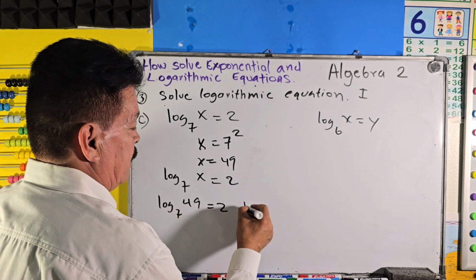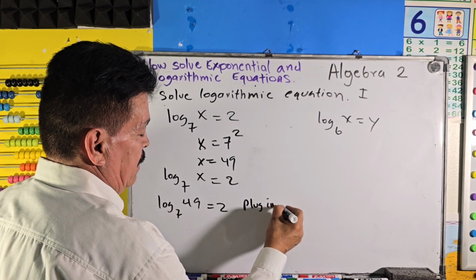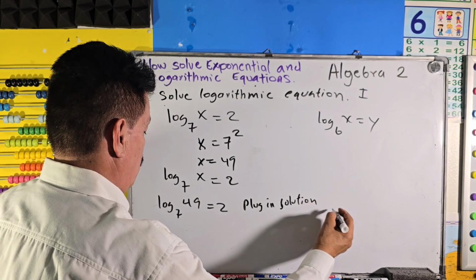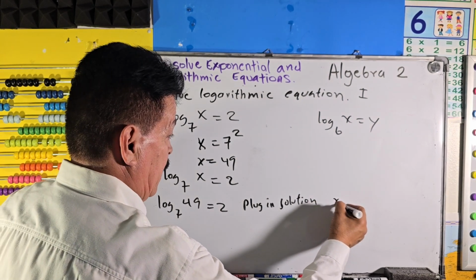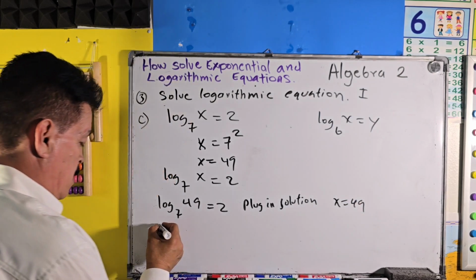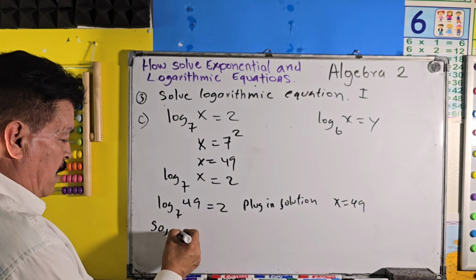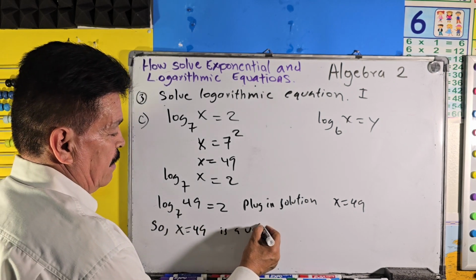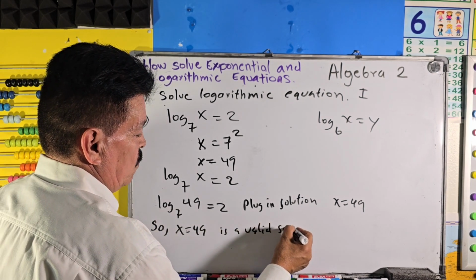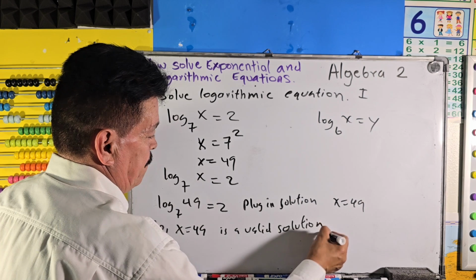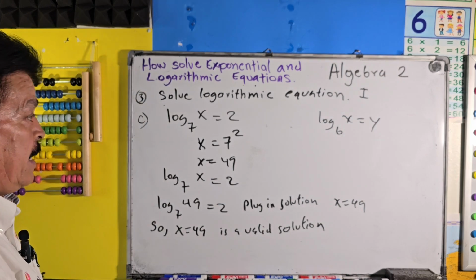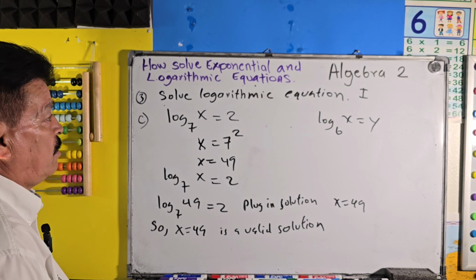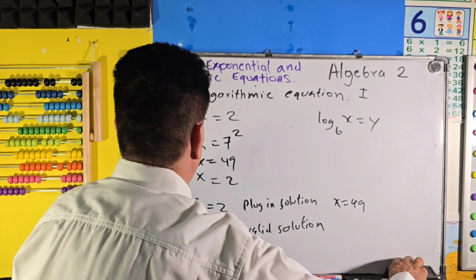So plug it in the solution: x equals 49. Our answer, x equals 49, is a valid solution. Yeah, got it? It's very, very easy. So this was section number 3.